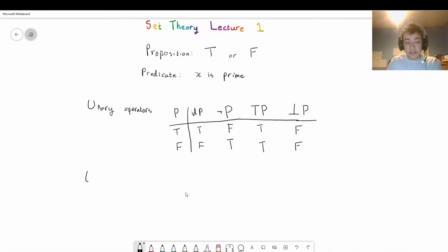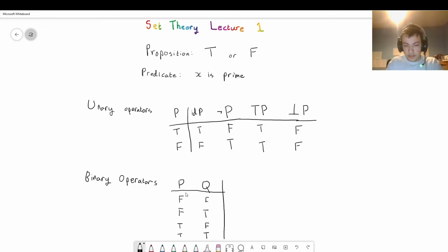For binary operators, we take 2 propositions and we return a third. And so there are 4 possible combinations of inputs, and so 16 total binary operators. We're not going to discuss all of them. So we've got P, we've got Q, false, false, true, true, false, true, false, and true.